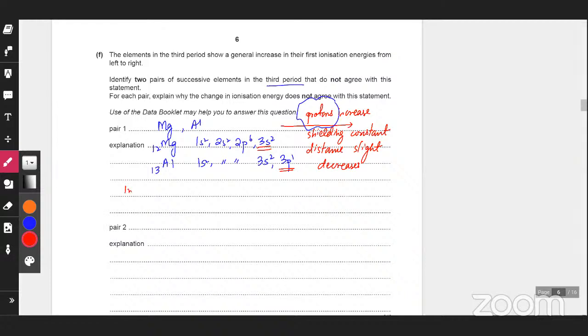So in aluminium, the electron is removed from a higher energy 3p subshell, which is further away and also more shielded.